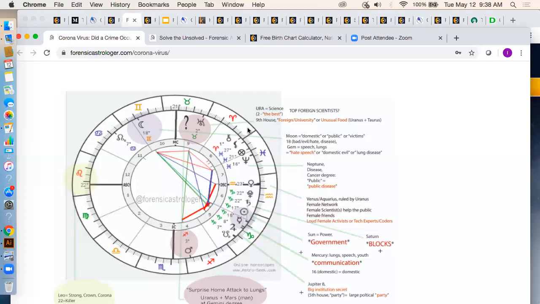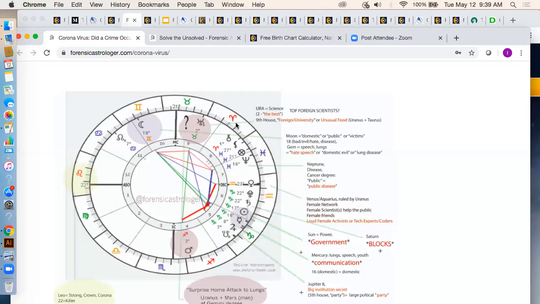Now here with Chiron at 1 degree, showing the most potent part of the sign, 1 degree is potent. That can represent the fastest wound and showing that people die, 8th house, really fast. 1 degree in Aries.